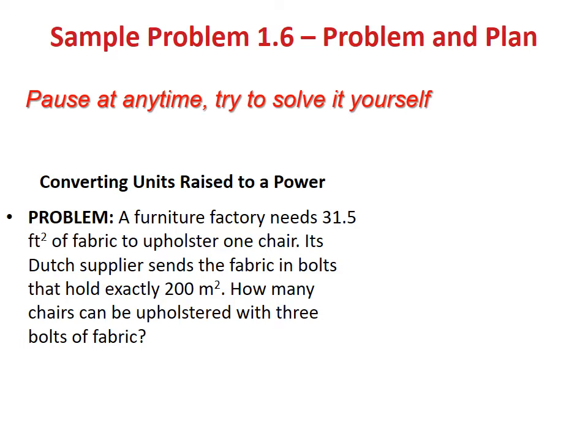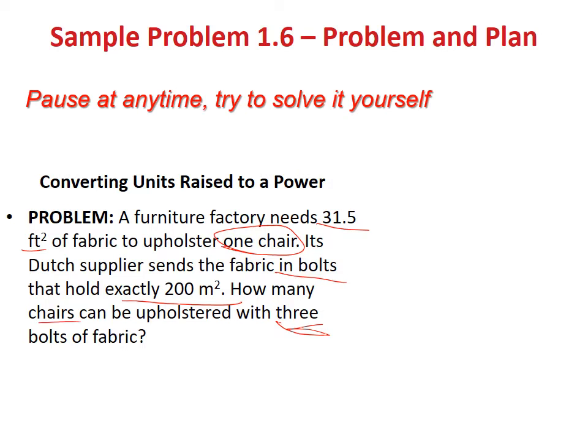So what are the knowns and unknowns? Well, first we know that one chair needs 31.5 square feet of fabric. That's one thing. And we know that one bolt holds 200 square meters, and we have 3 of them. The question is, how many chairs can be upholstered?